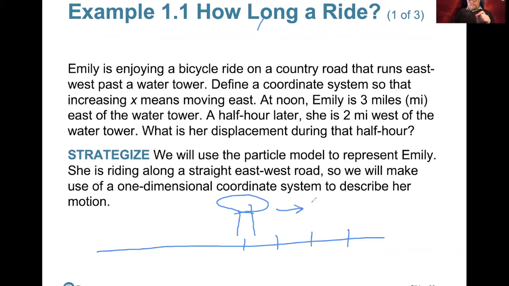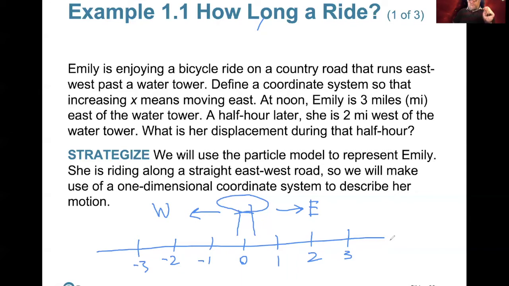We're going to say this way is east over here, and she's going to end up 2 miles west of the water tower. West is this way, okay? So I'm going to draw 1, 2, 3 over this way. I can label these, of course, so I'll have 0, 1, 2, 3, and this will be -1, -2, and -3.